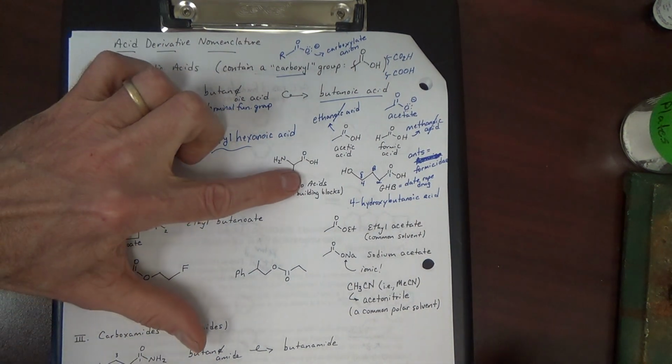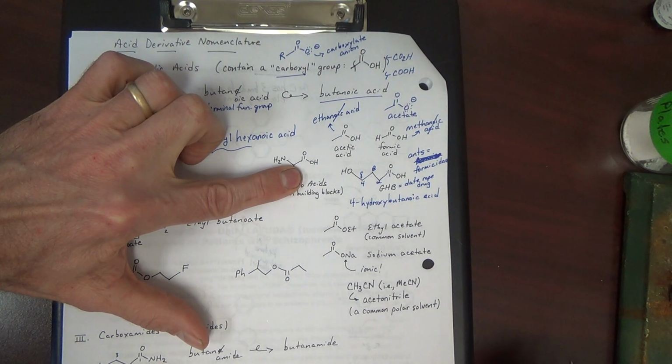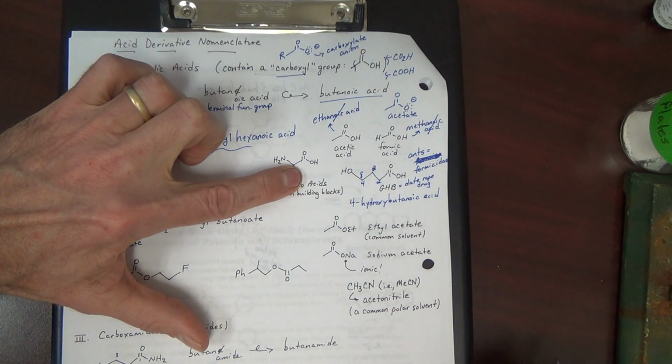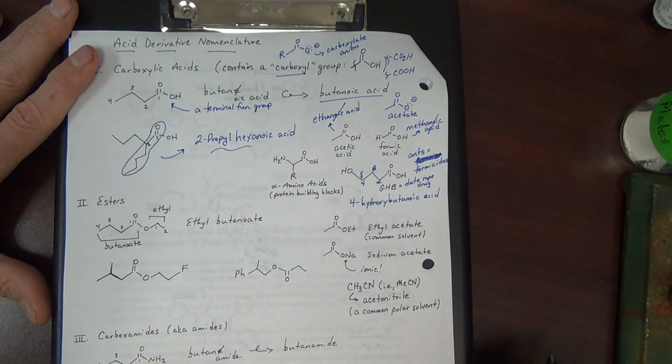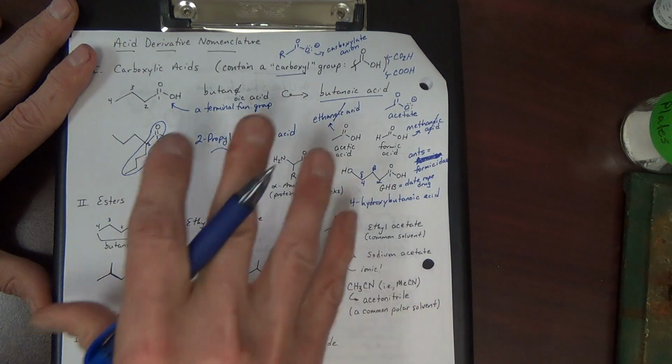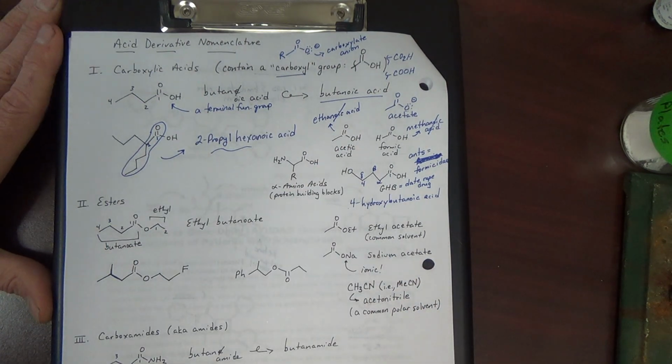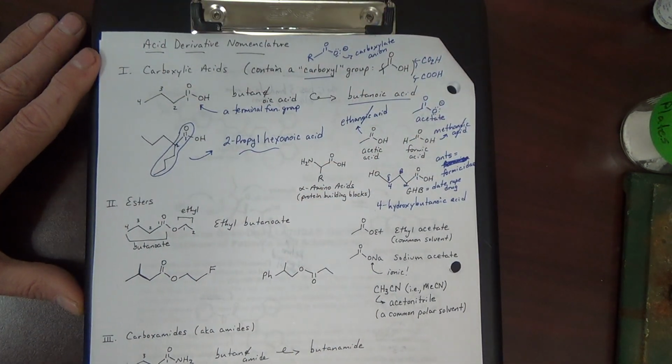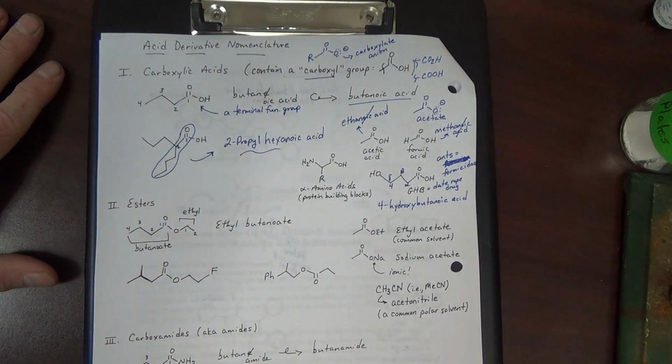If the R group is an H there, that would be glycine, which is the simplest amino acid. Okay. There should be nomenclature in your textbook for practicing more with carboxylic acids.